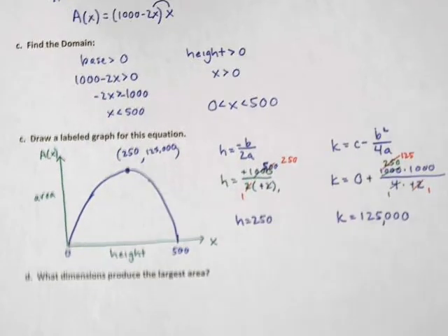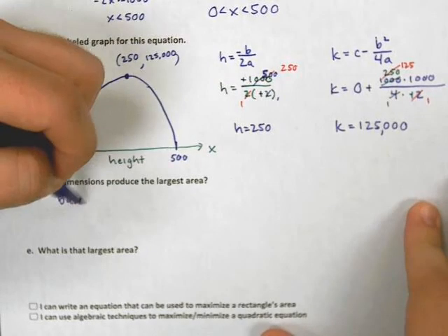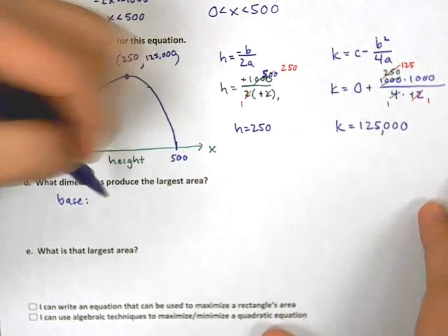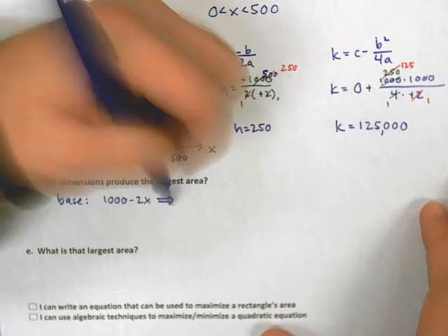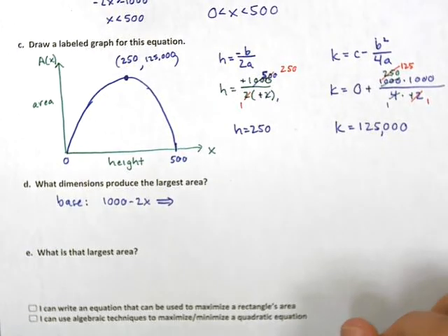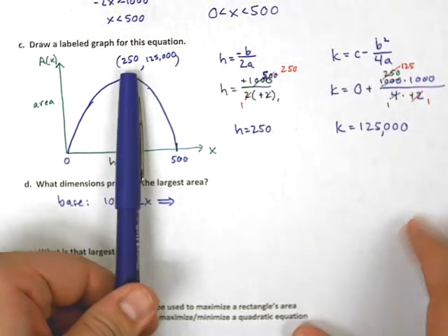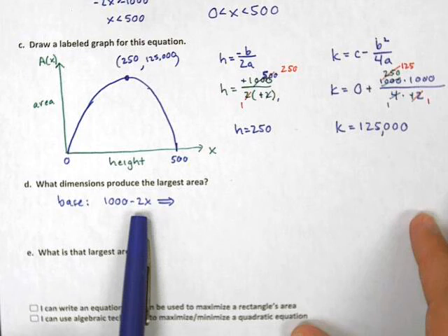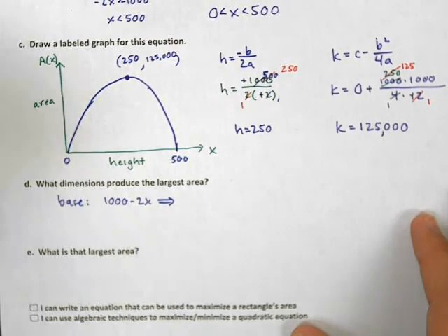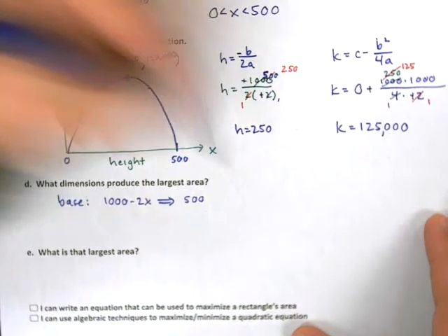We're getting there. Almost done. So dimensions. Remember how we did dimensions before. Base. My base formula was 1,000 minus 2x. If my x value is 250, I have to plug that into this equation. Well, 2 times 250 is 500, so 1,000 minus 500 is 500. And we are in feet.